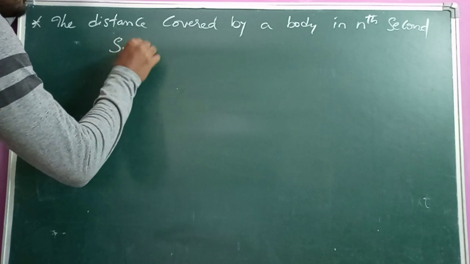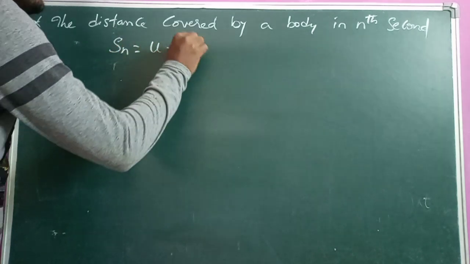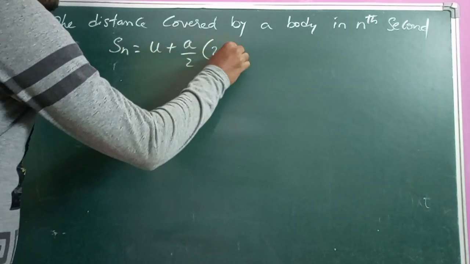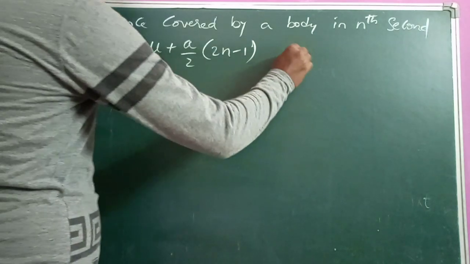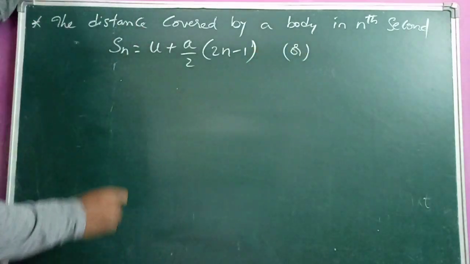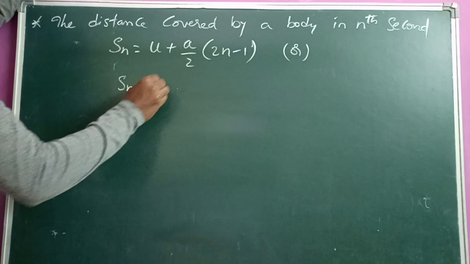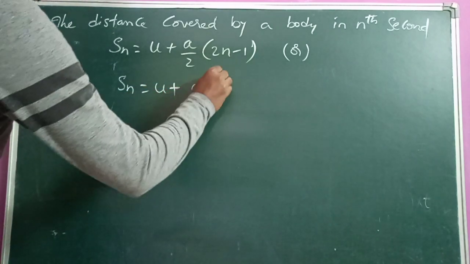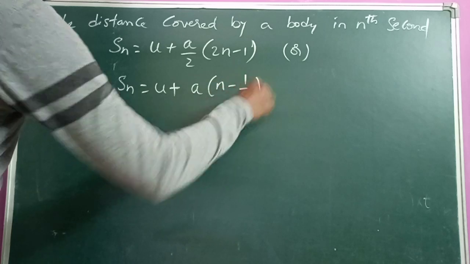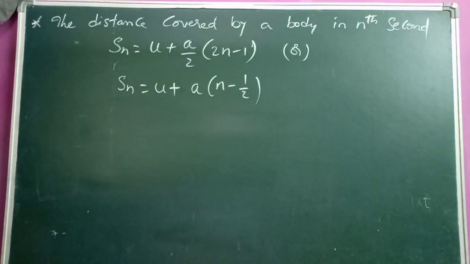So Sn is equal to u plus a by 2 of (2n minus 1), or this also can be written as Sn is equal to u plus a of (n minus 1 by 2). These two equations are the same.